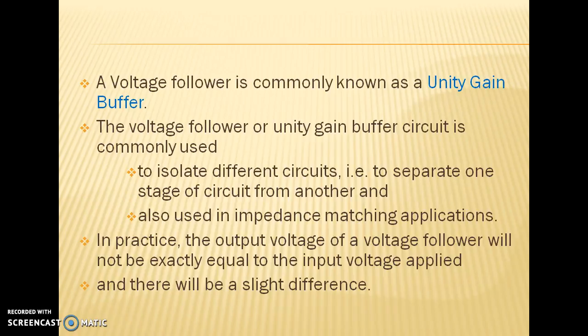The voltage follower or unity gain buffer circuit is commonly used to isolate different circuits, that is to separate one stage of circuit from another, and also used in impedance matching applications. In practice, the output voltage of a voltage follower will not be exactly equal to the input voltage applied, and there will be a slight difference.